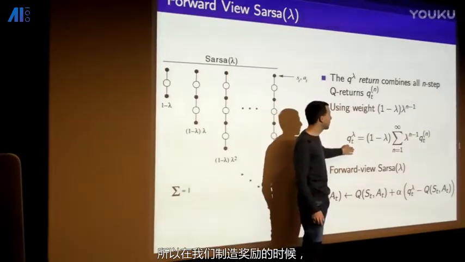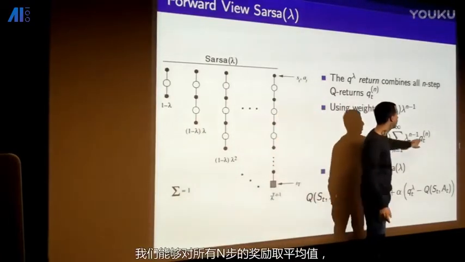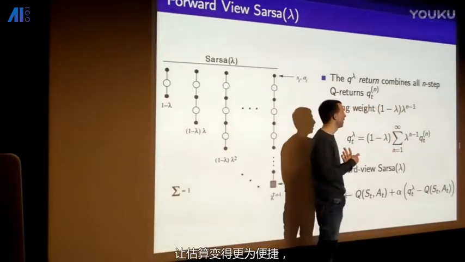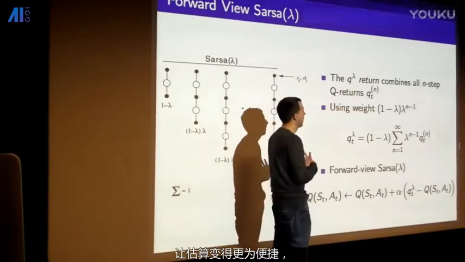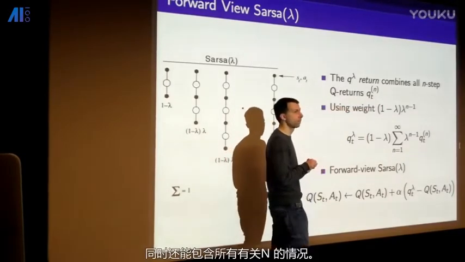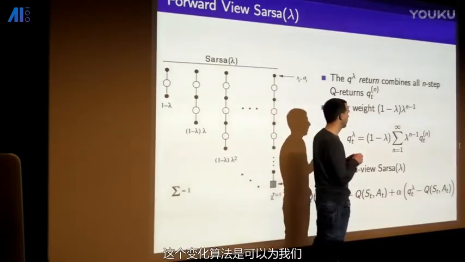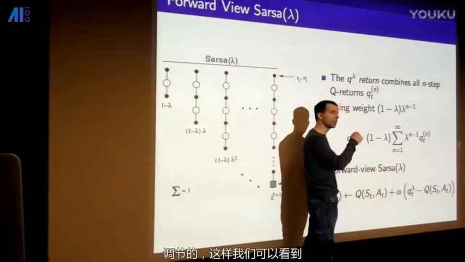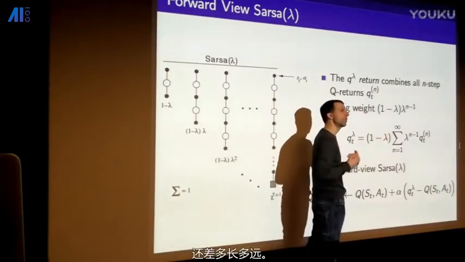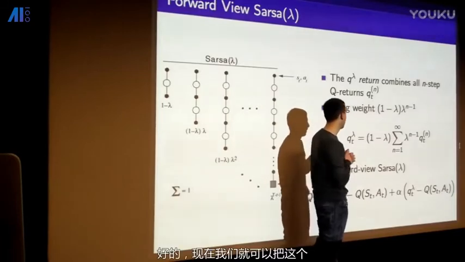This lambda return is a way to average over all of our n-step returns that is, A, computationally convenient, and B, takes account of all different n. It has a lambda parameter we can tweak, which makes us more or less far-sighted in terms of how much we prefer large n or short n.